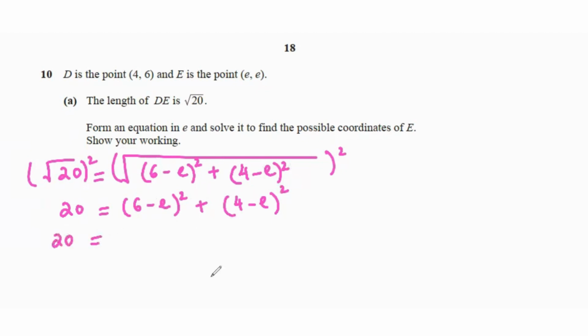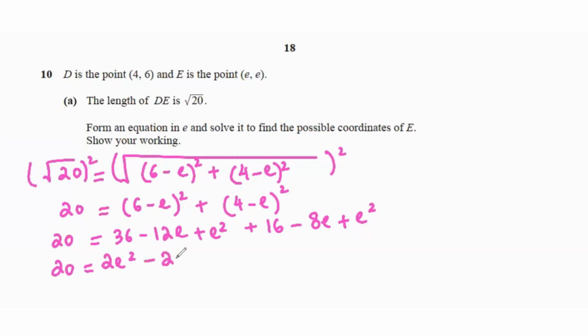Expand the bracket. (6 minus E) whole square is going to be 36 minus 12E plus E square. And (4 minus E) square is going to be 16 minus 8E plus E square. Combine the like terms. So E square plus E square is 2E square, minus 12E minus 8E is going to be negative 20E. 36 plus 16 is going to be 52.